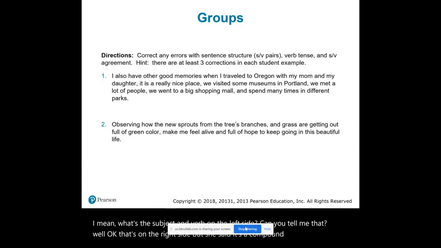So that means there's a subject and verb on the left side of the comma and. So what is it? Trees. Subject. And what's the verb? No, I think it's an incomplete sentence.